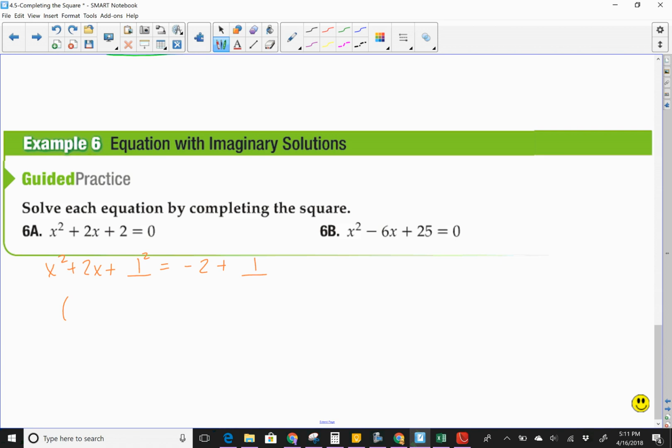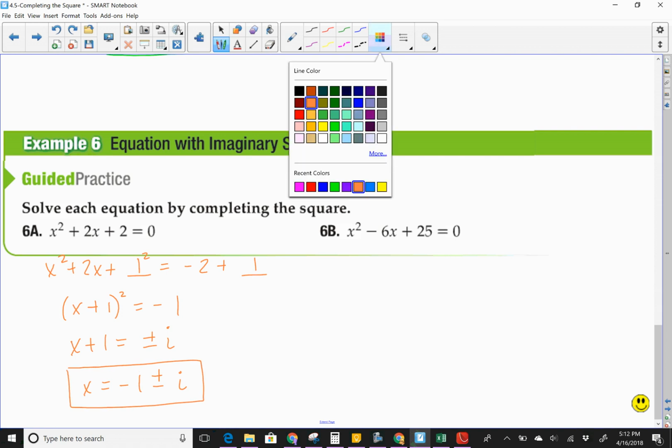So this factors to (x plus 1) quantity squared equals negative 1. When I take the square root of both sides, x plus 1 equals plus or minus the square root of negative 1 is i. And so x equals negative 1 plus or minus i. Make sure you put it in standard form. Okay, a plus bi.